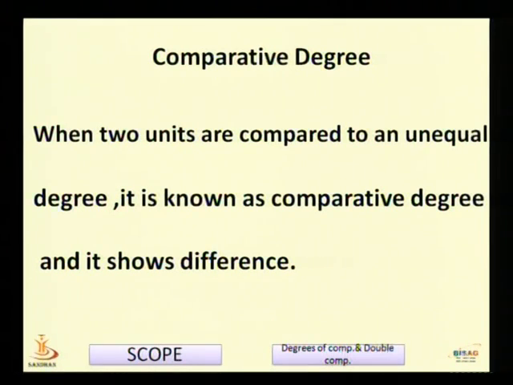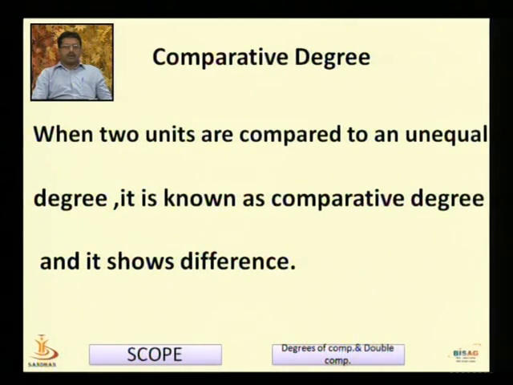Comparative degree. When two units are compared to an unequal degree, it is known as comparative degree and it shows difference. Exactly, Mr. Rawal. We have seen earlier that in positive degree the two units are compared in equal degree.